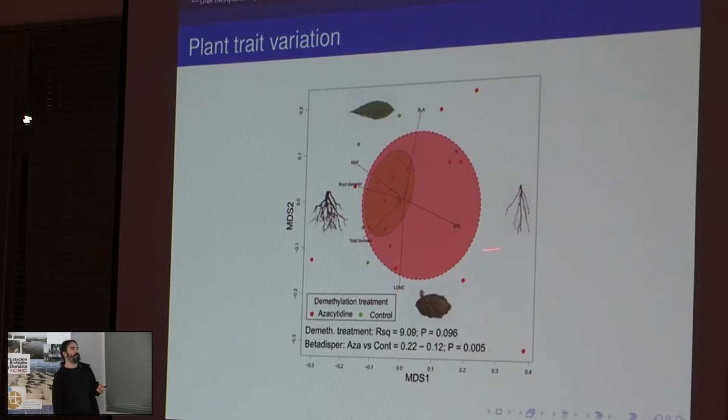We can see that this part of the multivariate analysis is correlated with roots that are more absorptive but have less volume. However, this part has stronger roots that are more keen to store resources rather than be absorptive.